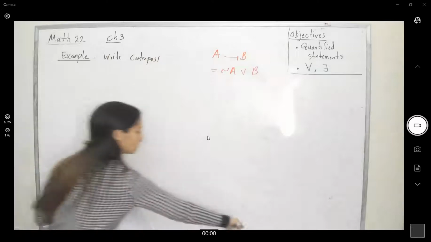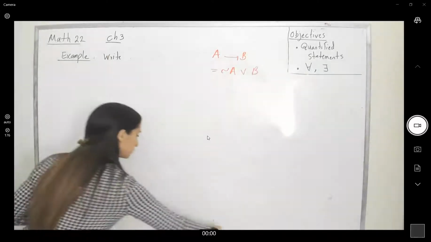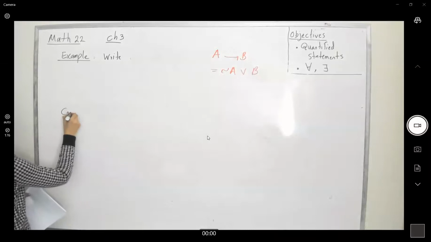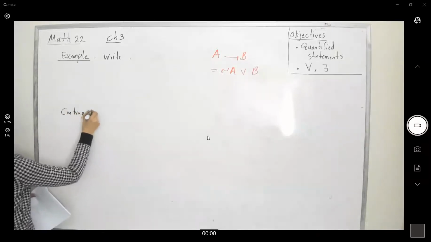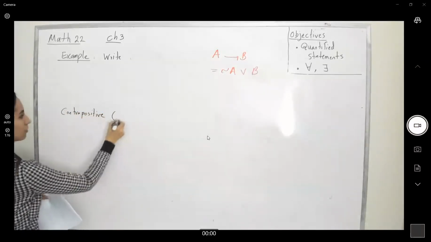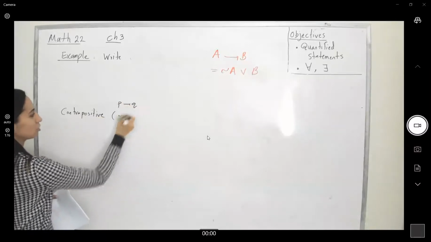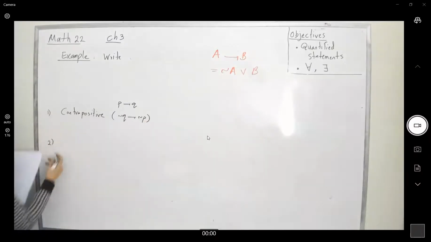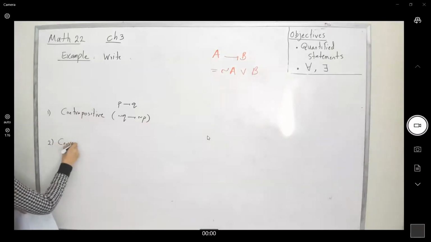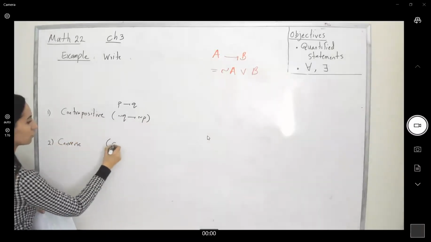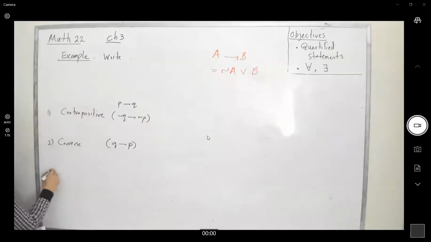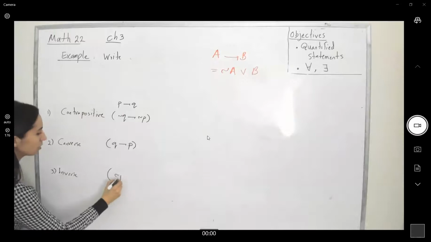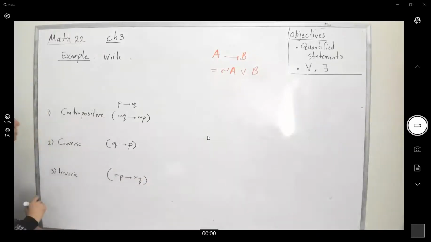So let me write this here. Contrapositive: if you have P then Q, it is not Q then not P. Converse: you have Q then P. And the inverse: you have not P, then not Q.